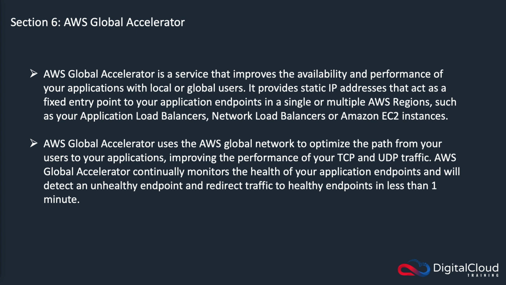Global Accelerator also uses the AWS Global Network, so that optimizes the path for users to applications. And it does so for TCP and UDP traffic. So what this means is that Global Accelerator is actually going to direct traffic over the AWS network. When you hit an endpoint for Global Accelerator, you're actually hitting the CloudFront network, which means there are CloudFront edge locations around the world.